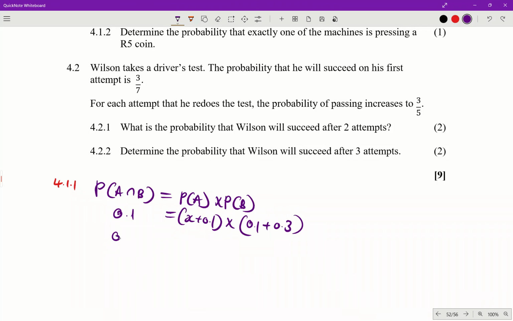So you have 0.1 equals X plus 0.1, and this gives you 0.4 there. You're left with 0.4, so you can divide both sides by 0.4. You're left with X, which equals 0.1 over 0.4 minus 0.1. So let's see, 0.1 over 0.4 minus 0.1.